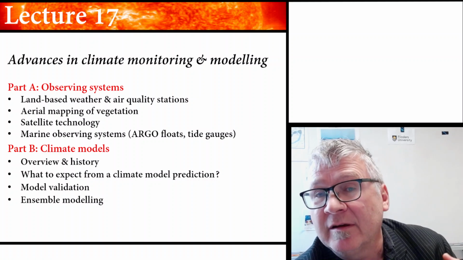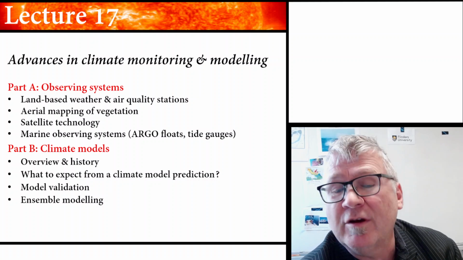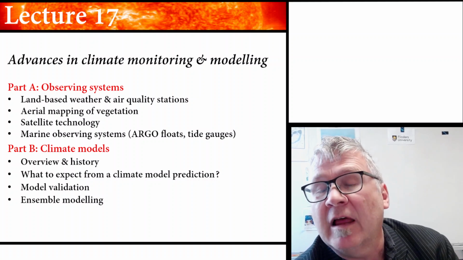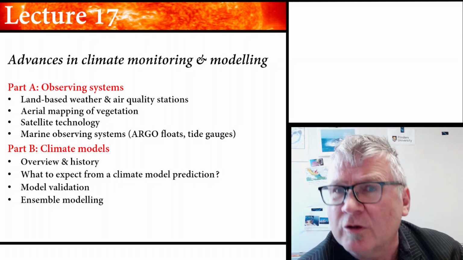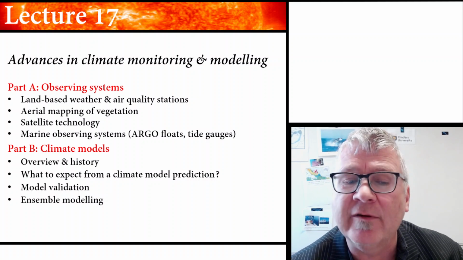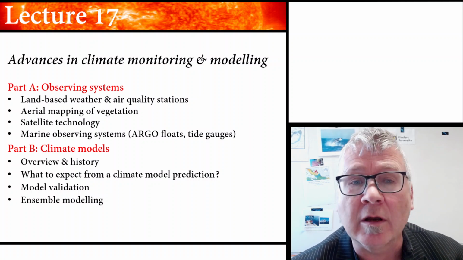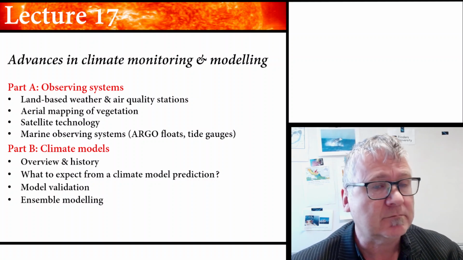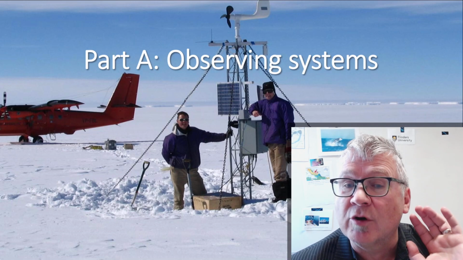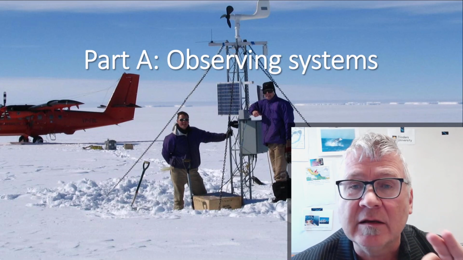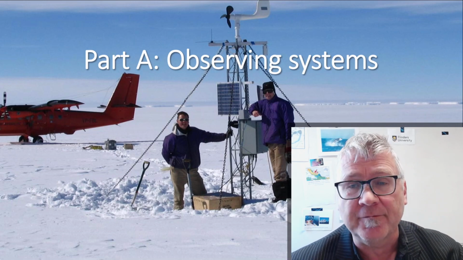We talk about the history of climate modeling and what to expect from a climate model prediction. And what is model validation, or how do you validate a model? And what's ensemble modeling? So let's get started. Let's talk about observing systems first.